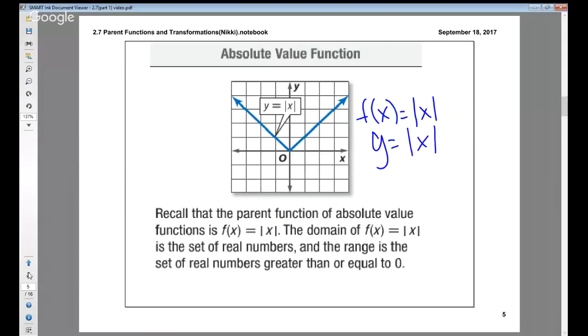Now let's go to parent function number 3. This one is one that you've seen before back in our previous lesson, the absolute value function.